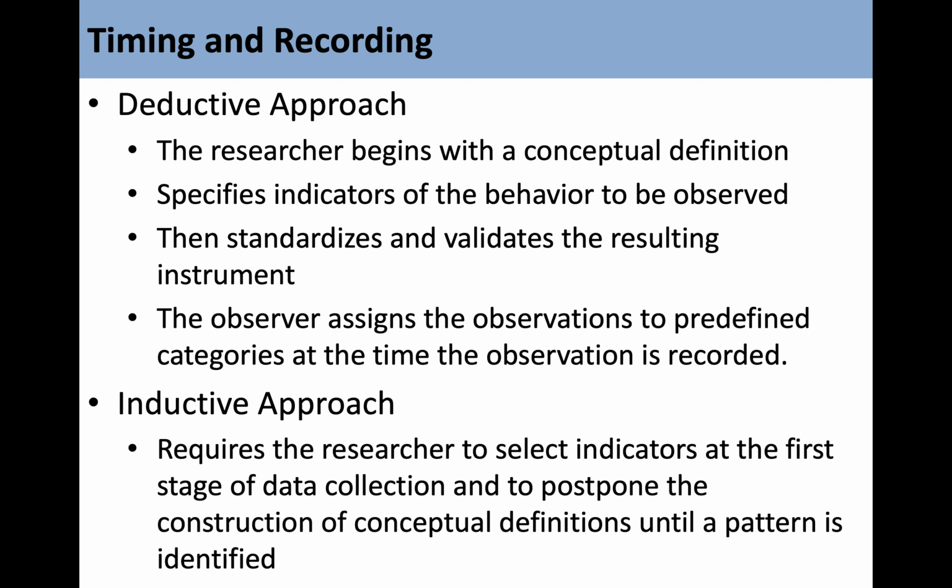The observer assigns the observations to predefined categories at the time the observation is recorded. The inductive approach requires the researcher to select indicators at the first stage of data collection and to postpone the construction of conceptual definitions until a pattern is identified.